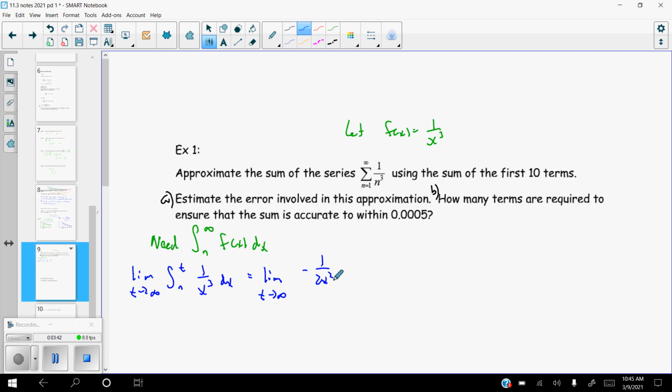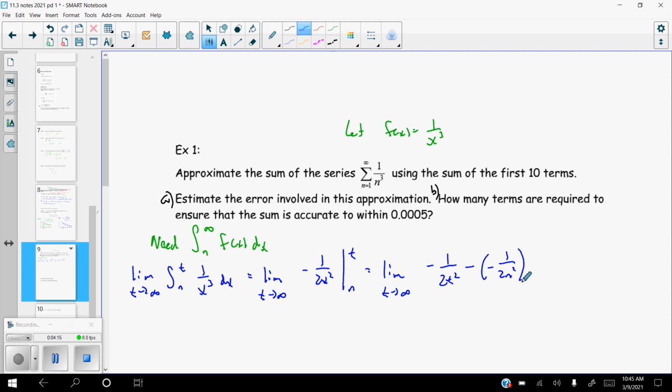I'm not going to write that whole thing out, but that is the antiderivative. Change the 1 over x cubed to x to the -3, and you'll see that this is what we get. We evaluate that from n to t. So we have the limit as t approaches infinity. Using the fundamental theorem, plugging in t first, we get -1 over 2t squared minus -1 over 2n squared.